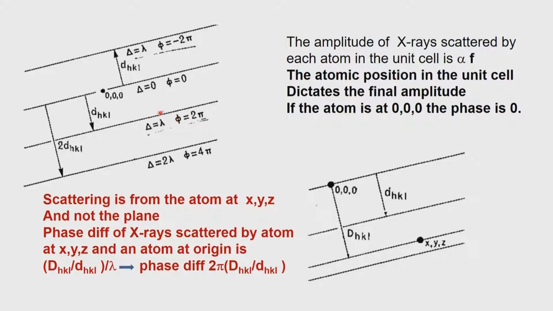How is that coming? Delta is the path difference, and the phase difference is 2 pi. You go back to the discussion where we had how the path length and the phase come with respect to each other, delta r going to r plus delta r, and that gave a path difference.